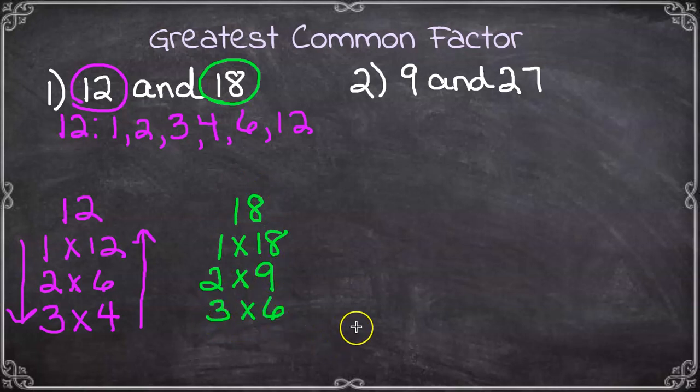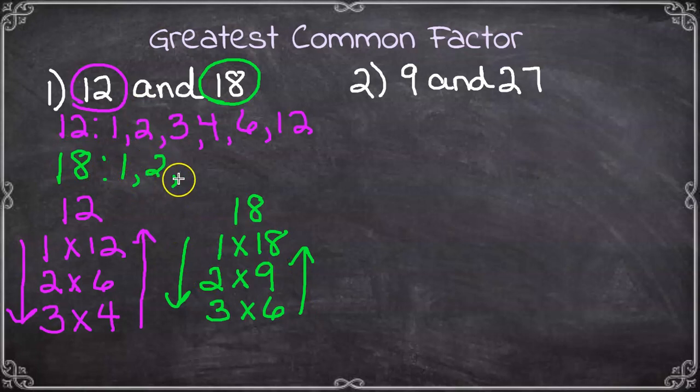The only other factors left would have to be between the 3 and the 6. The only numbers between 3 and 6 are 4 and 5. Neither of those divides into 18, so I know I'm finished. Down the left side, back up the right side, and I can list the factors of 18: 1, 2, 3, 6, 9, and 18.